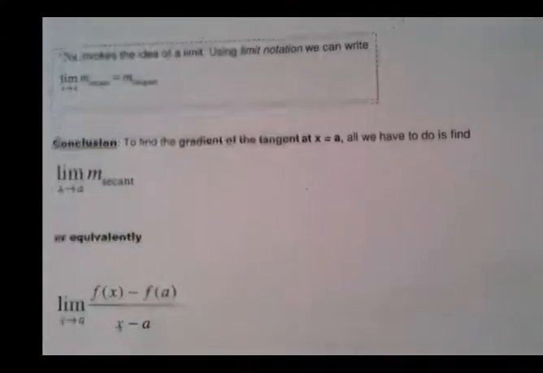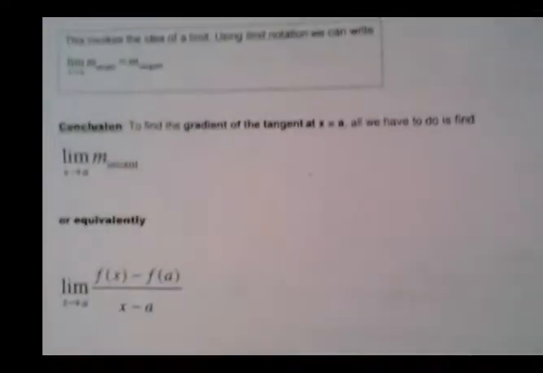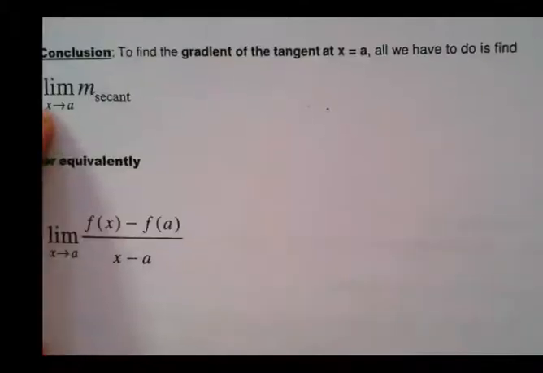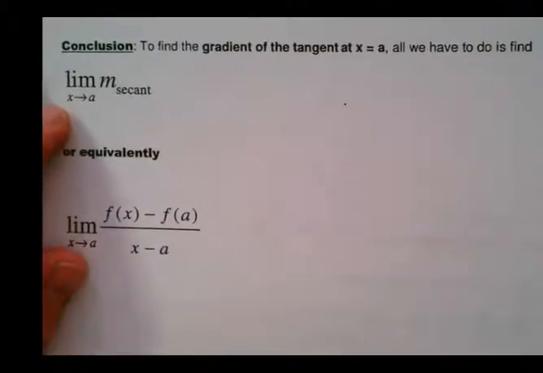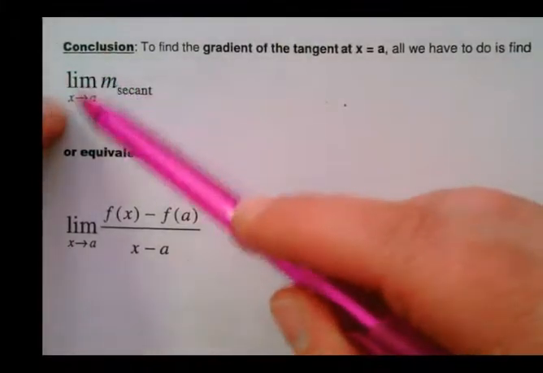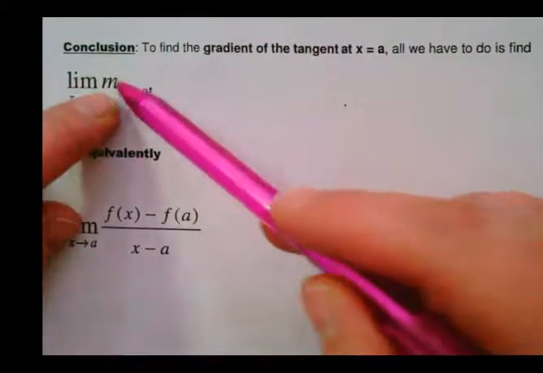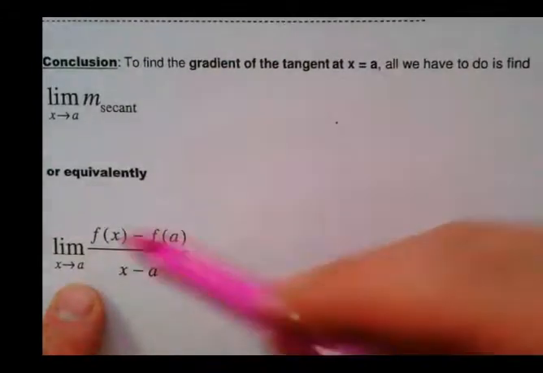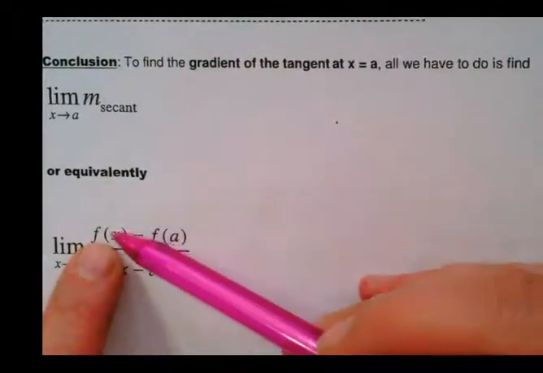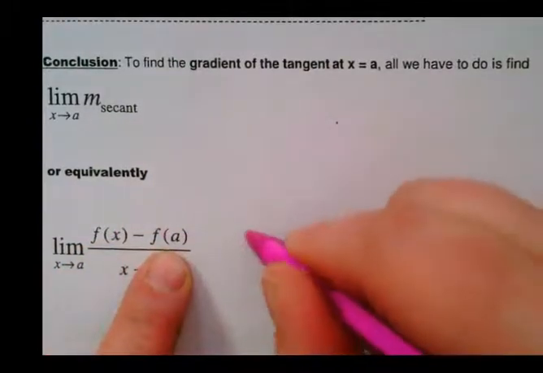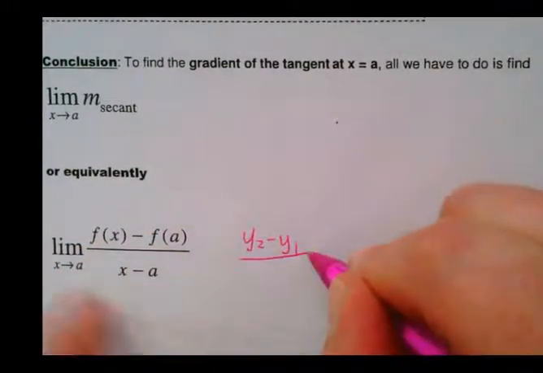Okay? So, in conclusion, to find the gradient of the tangent at x equals A, all we have to do is find the limit as x approaches A of the gradient of the secant. The way we can do this is the limit as x approaches A of function of x minus function of A over x minus A. Function of x minus function of A, that's just y2 minus y1.